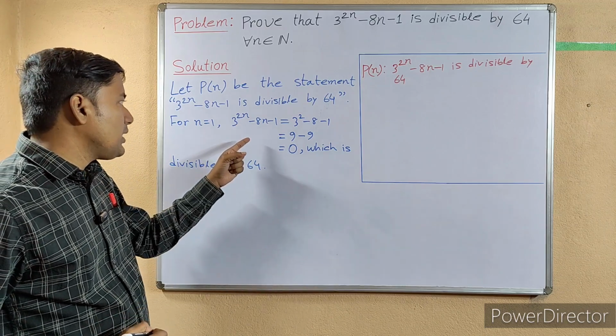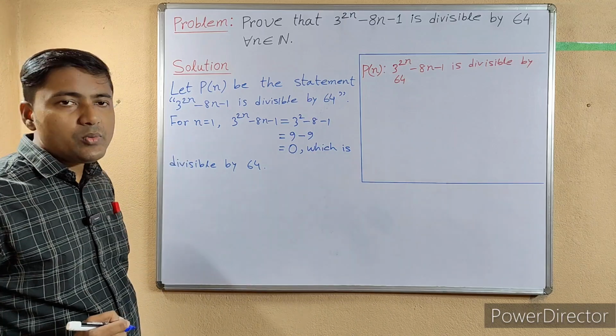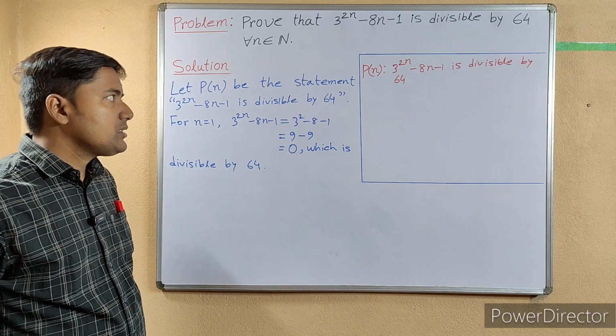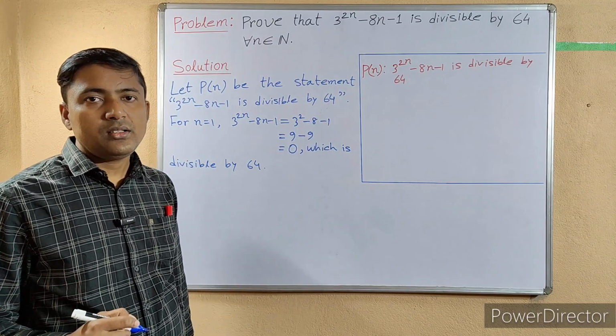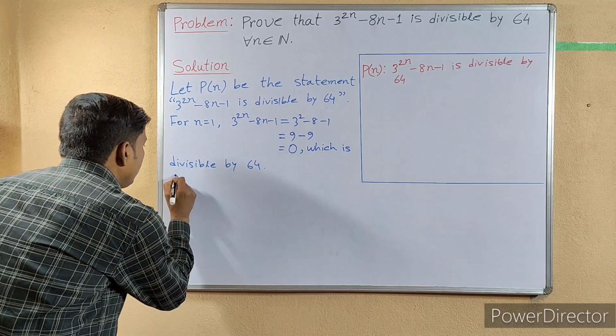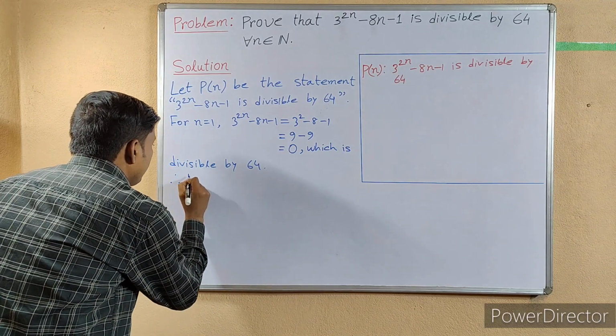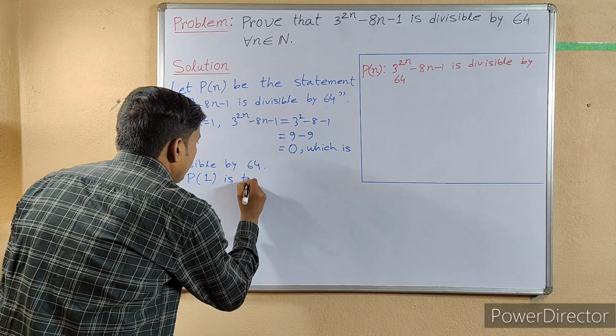So 3 to the power 2n minus 8n minus 1 is divisible by 64 for n equal to 1. That is, the statement Pn is true for n equal to 1. That is, P1 is true.